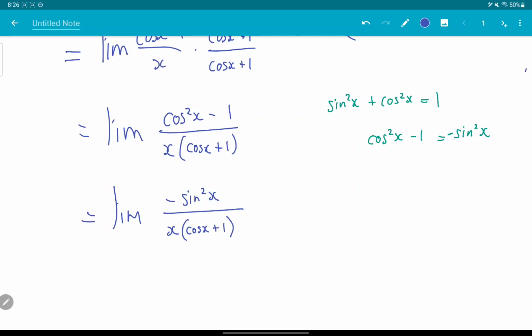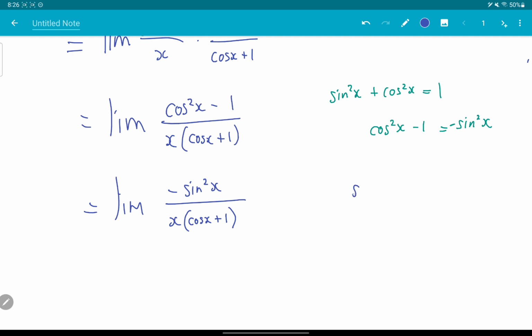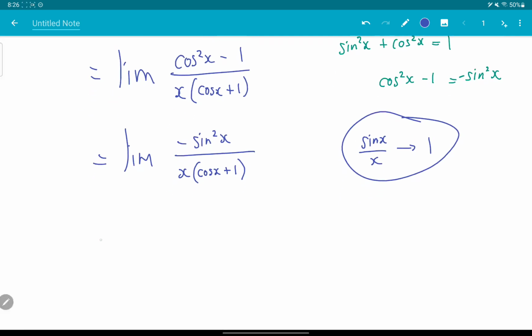Okay, so what can I do? I can try to make the expression sine x over x appear, because that goes to 1. So I'll do that. Let's move this minus out front. And then I'll have sine x over x.